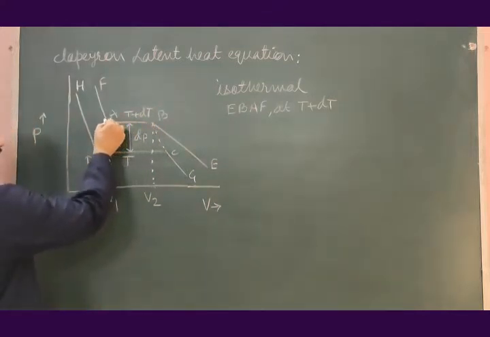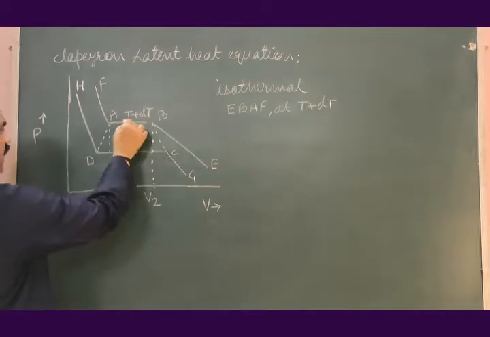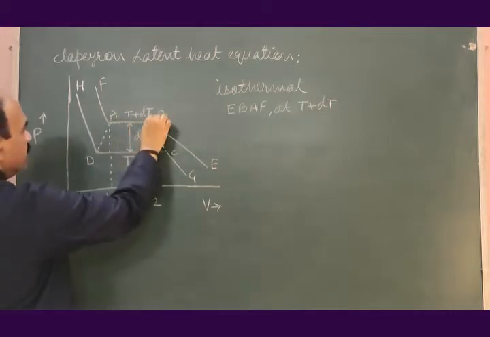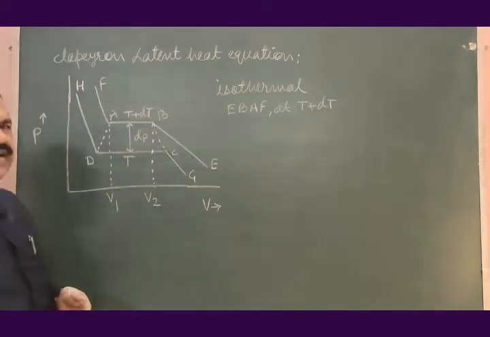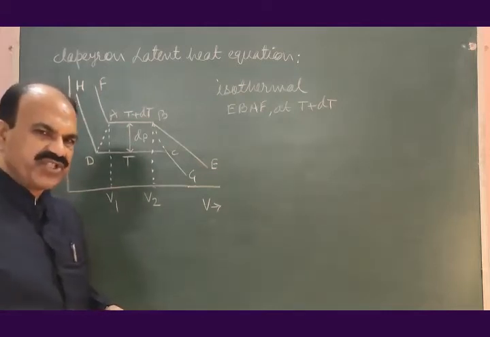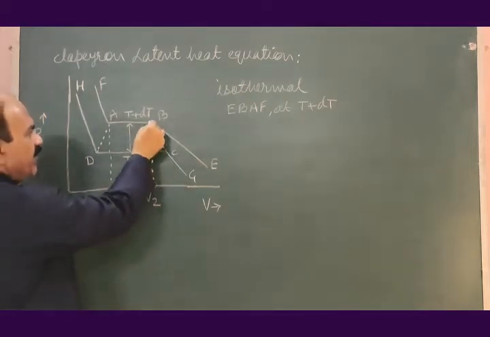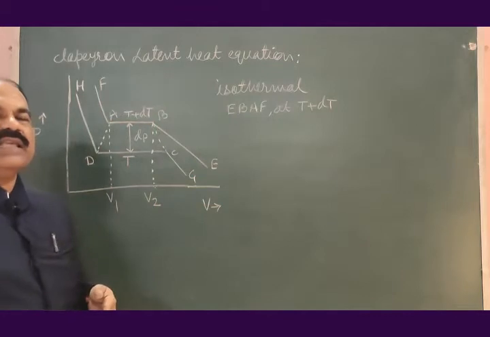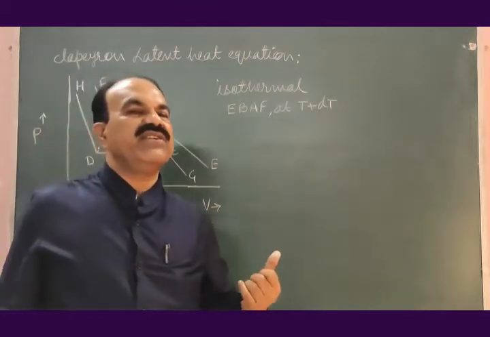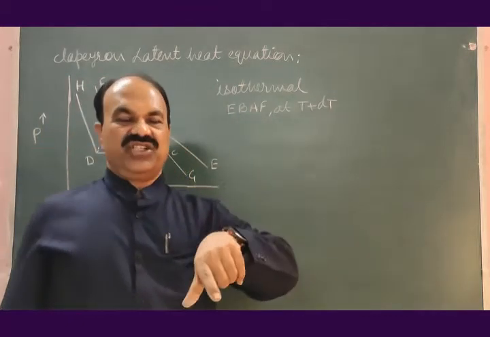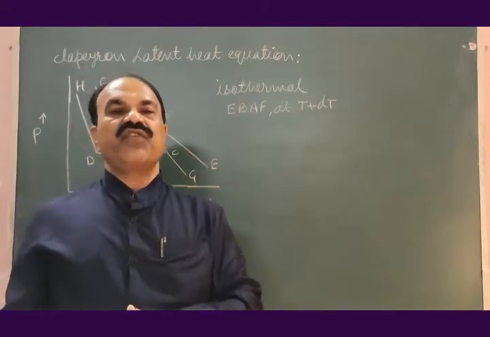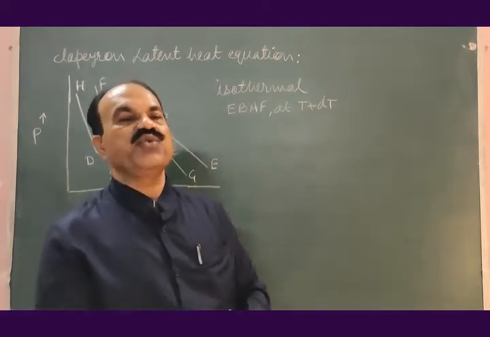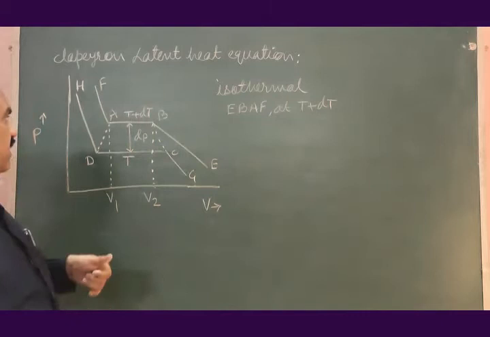At this temperature and this pressure, it is a pressure slightly lower than the saturation pressure. From B to A, the state of the given matter is in transition. It is changing from gaseous to liquid state.